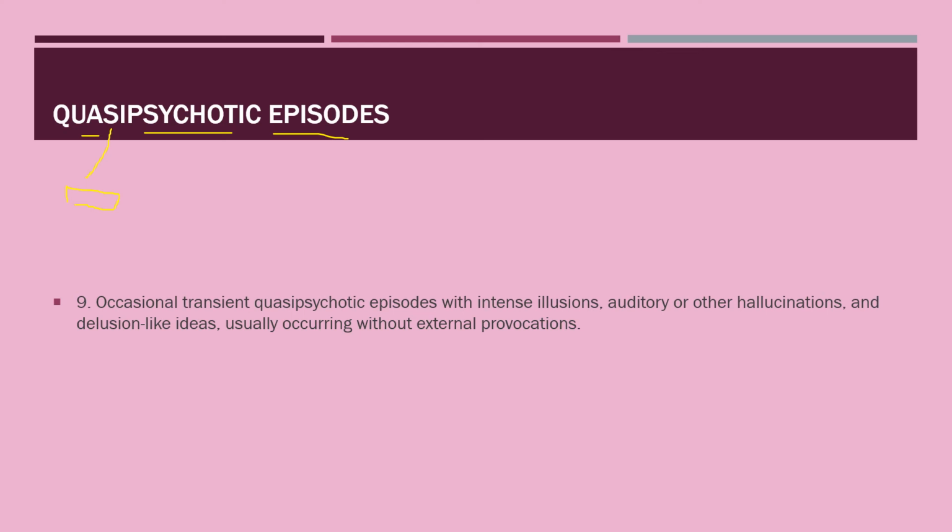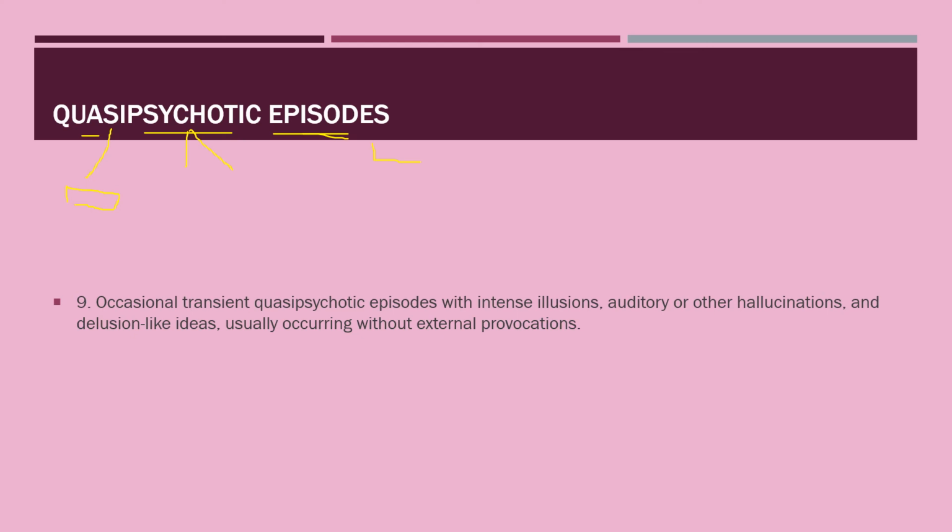They are short-lived, for short periods and in milder forms. Psychotic, we know that that can be illusions and delusions, and an episode as an incident can last for a certain period of time. But in this one, quasi means a short period.